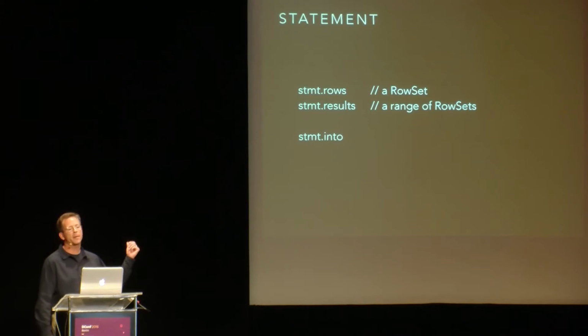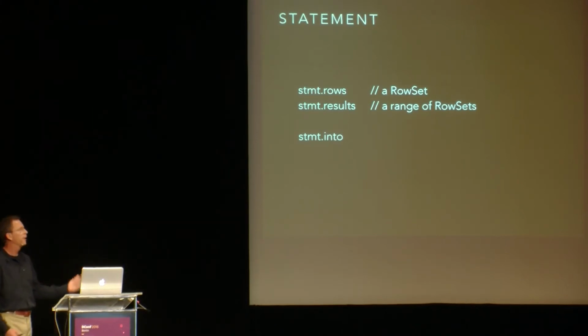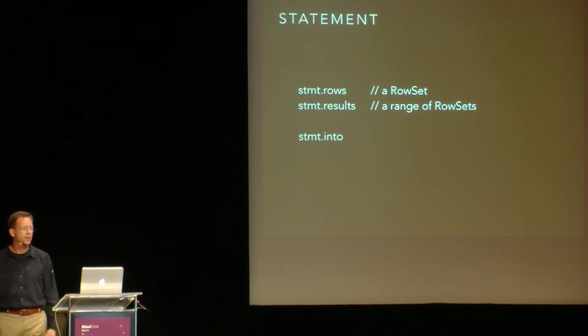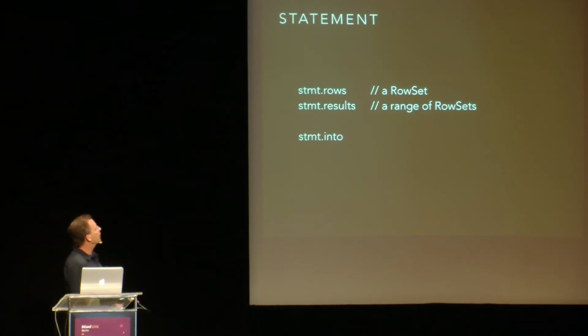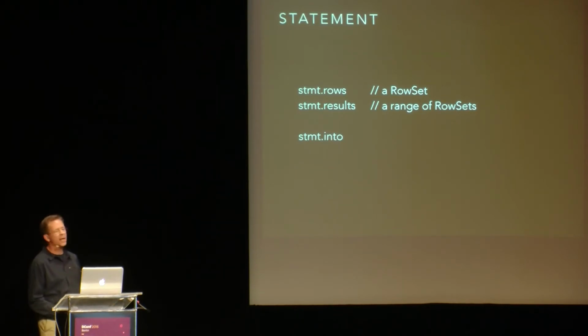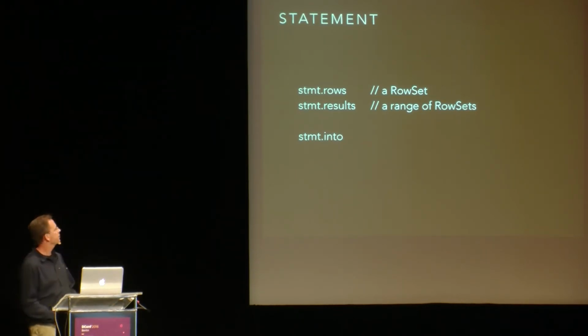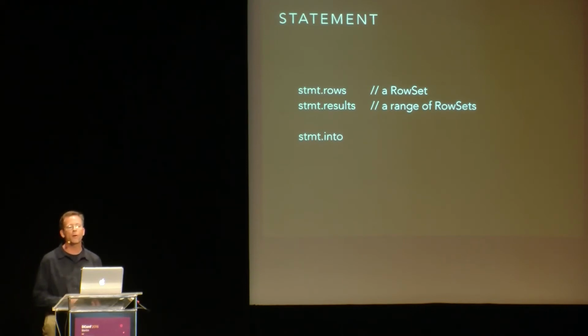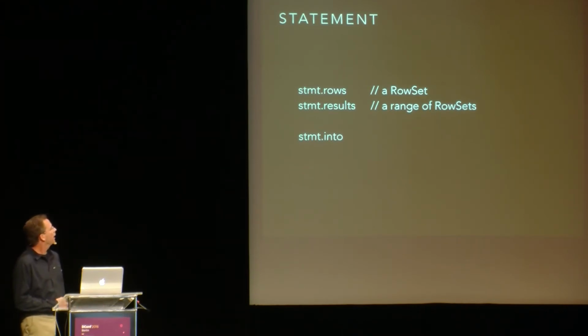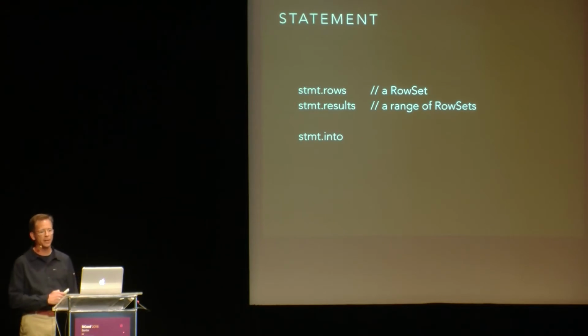But this is something that the API needs to accommodate because other client layers support it, and some people really want this capability. So if you just say .rows on all your queries, you always get back just one row. If you need to get access to multiple result sets, you say .results, and you get a range over multiple result sets. And we'll get into the statement in a minute.